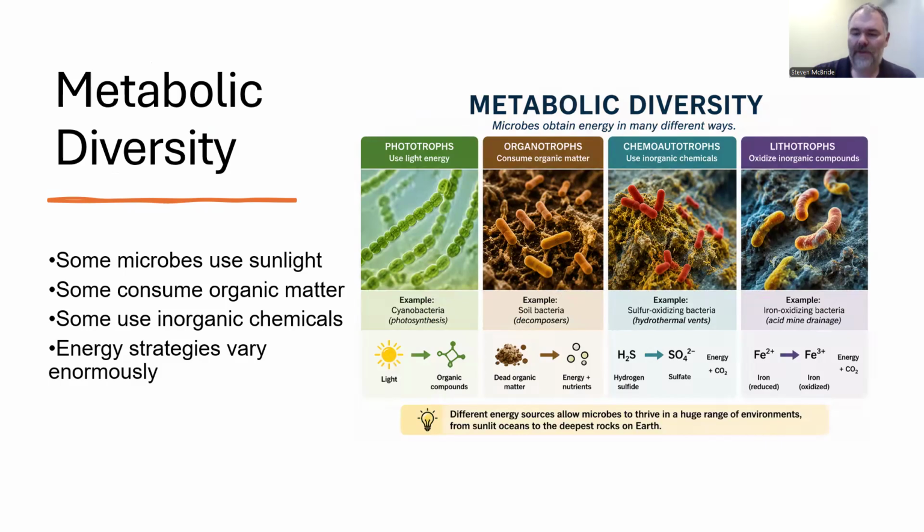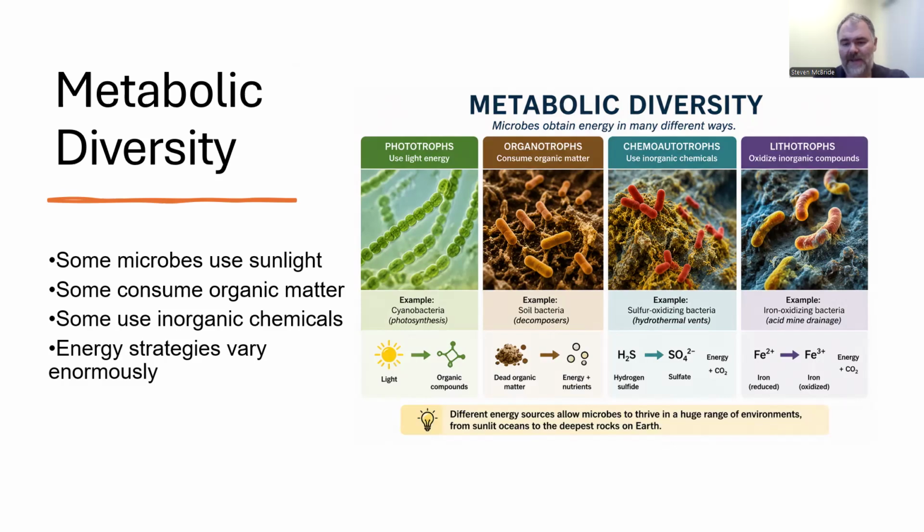One of the most remarkable things about microbes is the enormous diversity of ways they obtain energy. Plants and animals are actually relatively limited compared to microorganisms. Some microbes use sunlight as an energy source through photosynthesis. Others consume organic matter, breaking down molecules produced by other organisms. And some microbes use inorganic chemicals for energy.